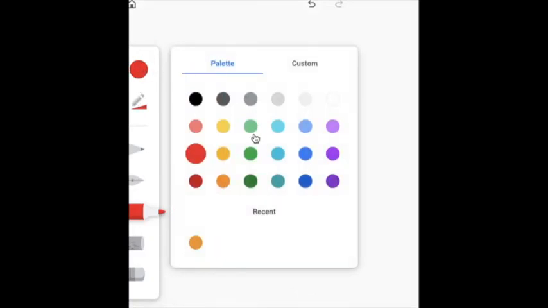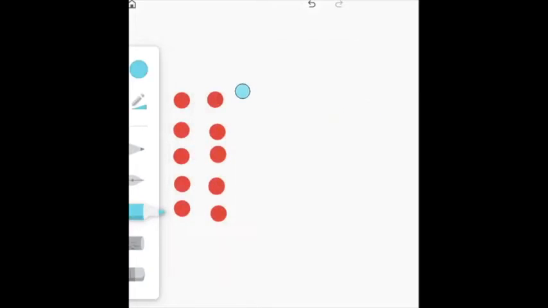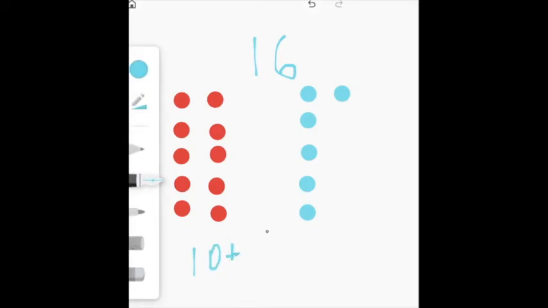And then let's pick a different color for 1, 2, 3, 4, 5, 6. What do we have? 10, 6. That's 16. 10 plus 6 equals 16.